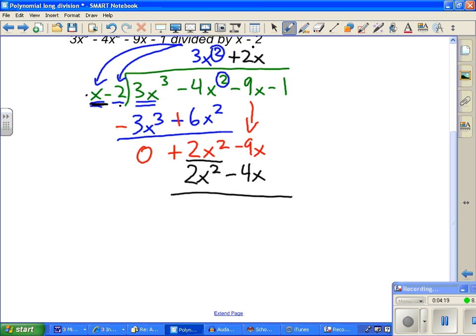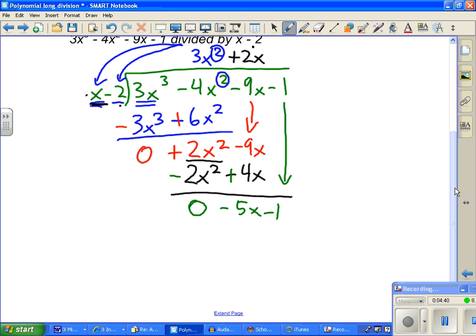Now I go through and change my signs and add things up. I'm going to get 0 here, and negative 9x plus 4x is negative 5x. And bring my 1 down, so minus 1.